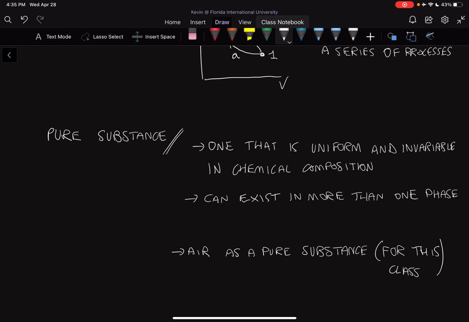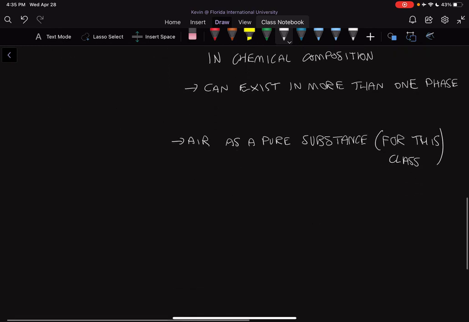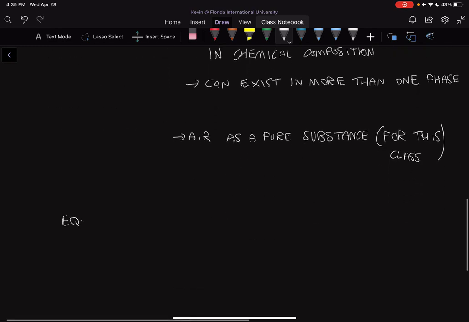Now, the next definition is equilibrium. And again, we're defining a lot of terms today to be able to move forward and understand what we're talking about throughout the class without having to define terms later on.